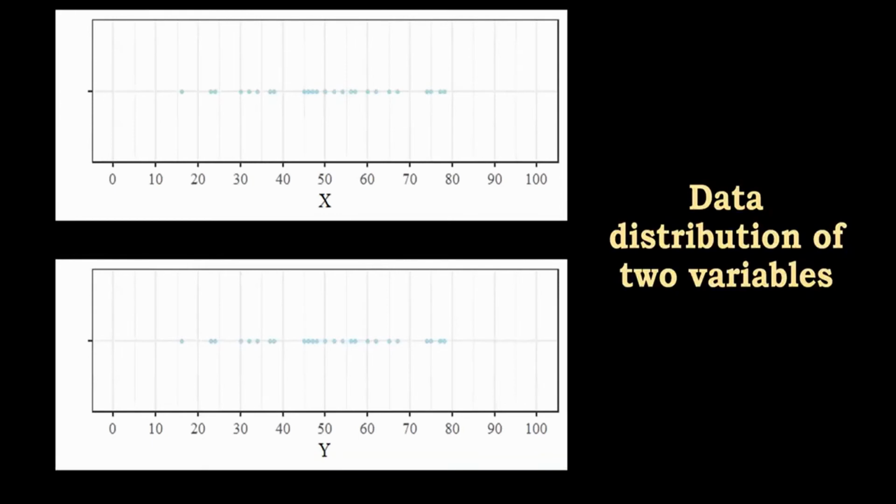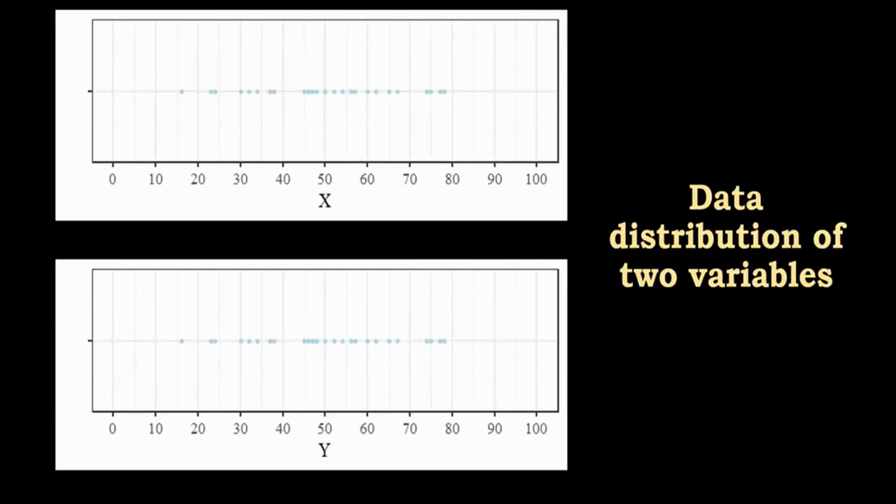So, for example, x could be the measurement of fatigue at a certain point in time, and y could be the measurement of fatigue at another point in time in the same group of people. And as I mentioned, the other option is that x and y are completely different variables, but they are measured in the same group of people.